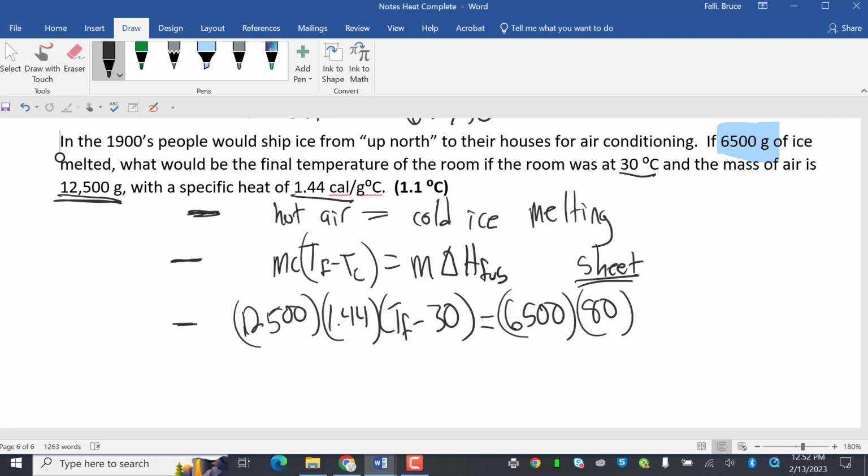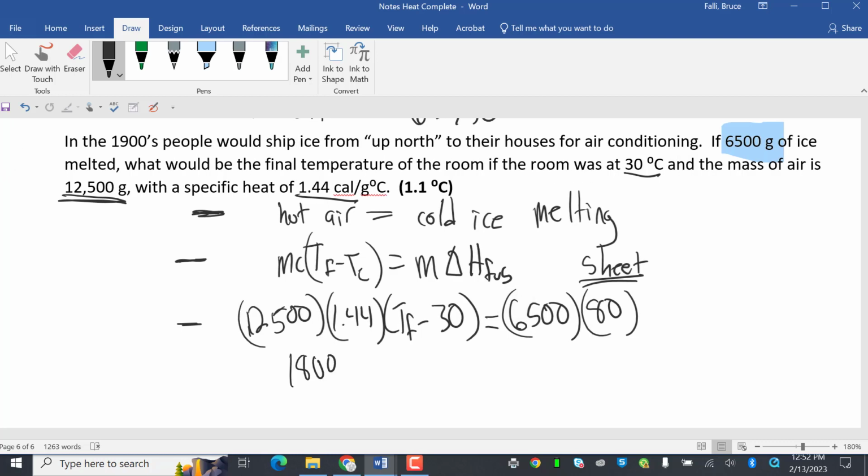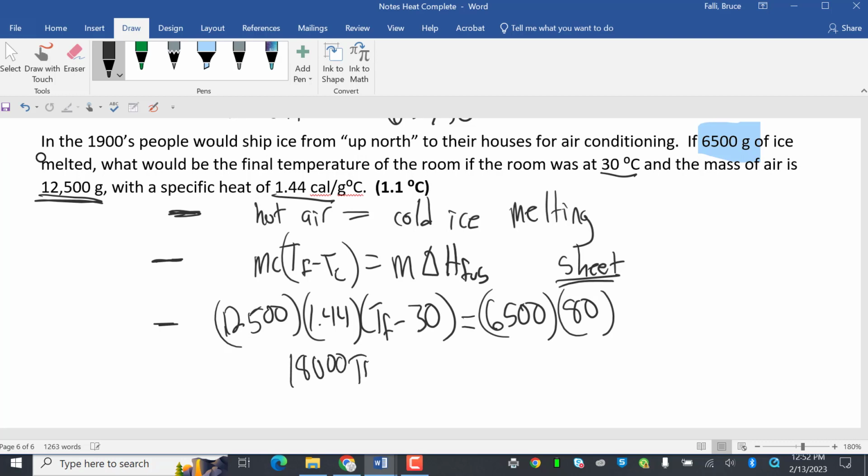So 12,500 times 1.44 is 18,000. 18,000 T sub F minus 30 times 18,000 is 540,000.